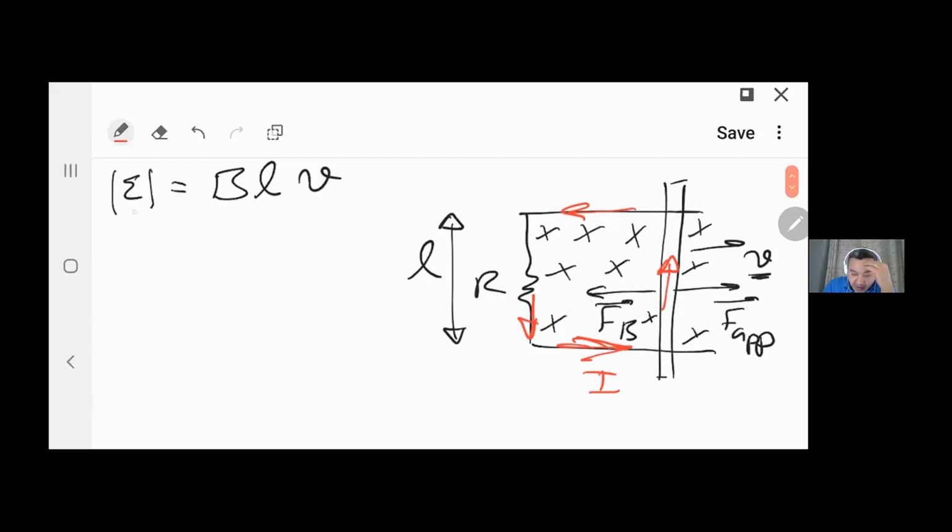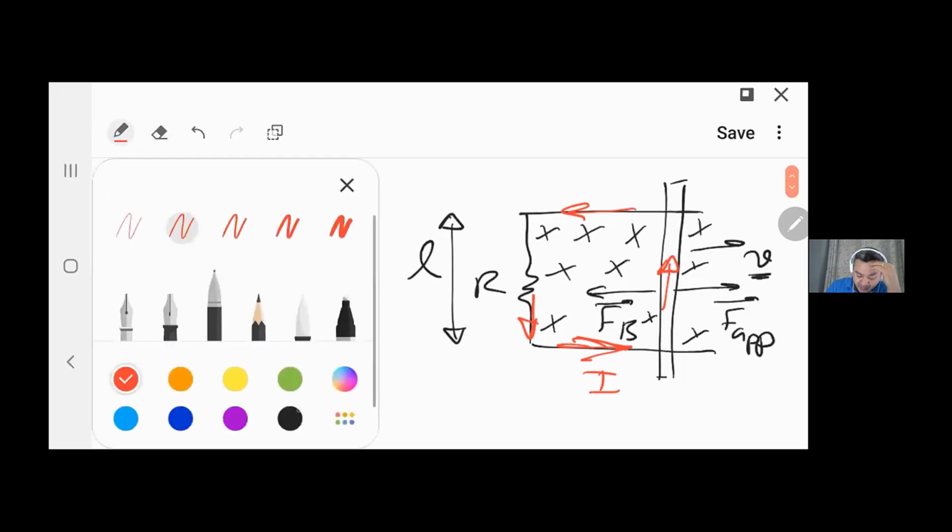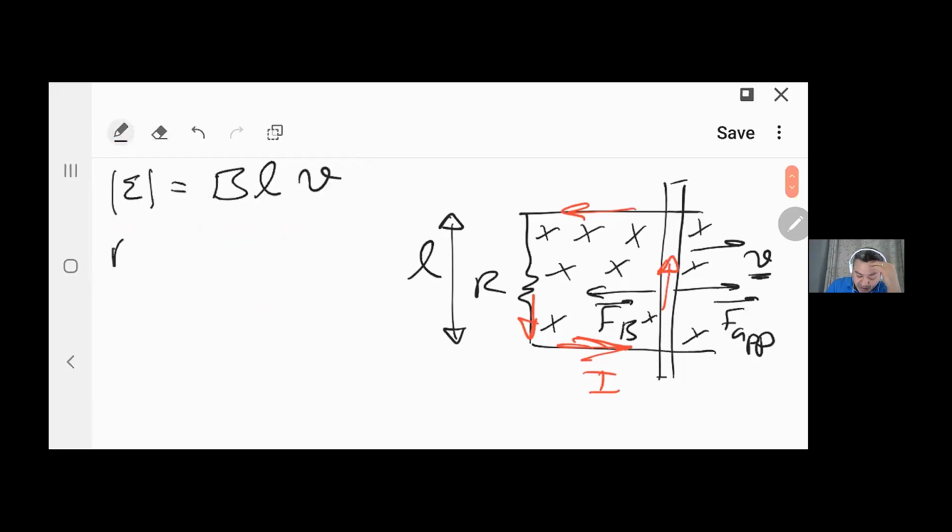But what I know is that the electromotive force here equals Ri, that equals the magnetic field B L V, the speed.